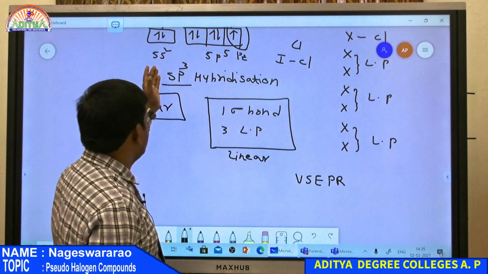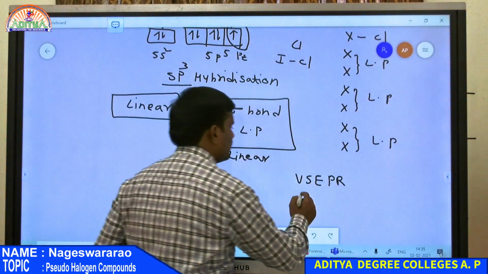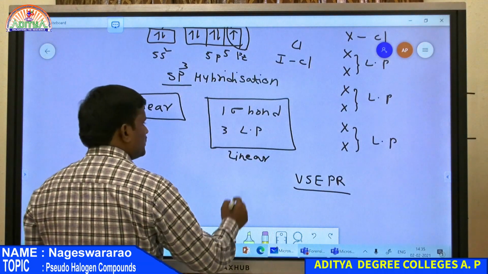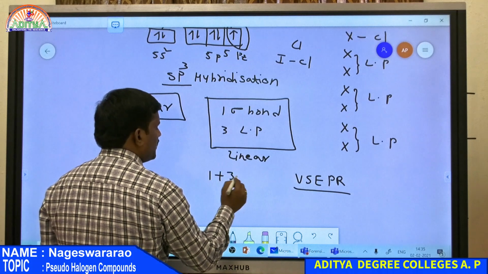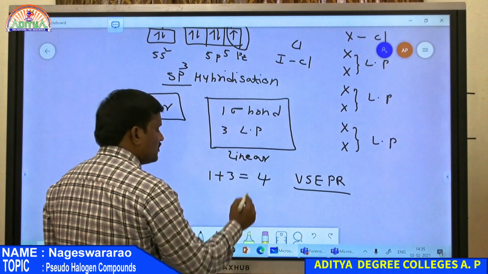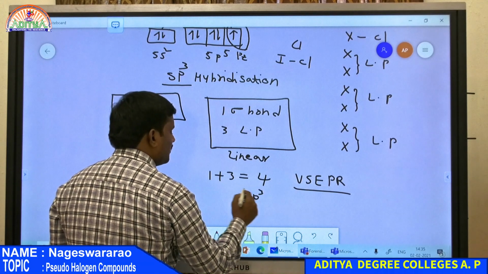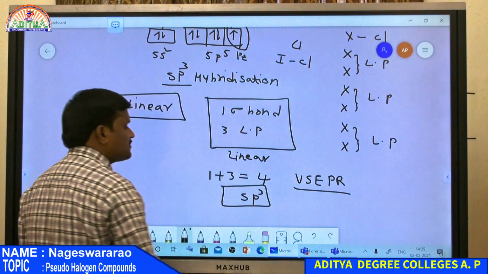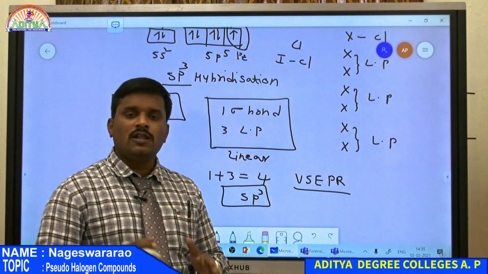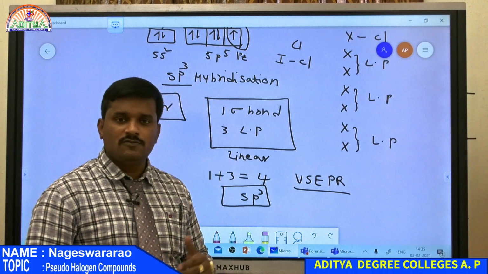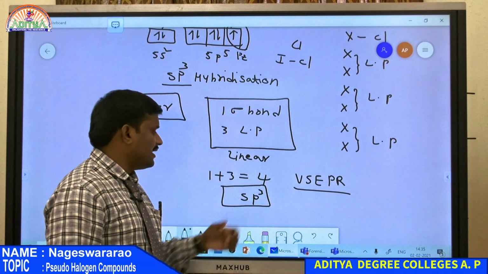So 1 plus 3, totally 1 sigma bond and 3 lone pairs, gives a total of 4. If the value is 4, then 1 s orbital and 3 p orbitals give sp3 hybridization. If the total number of sigma bonds and lone pairs is equal to 4, then it is sp3 hybridization.